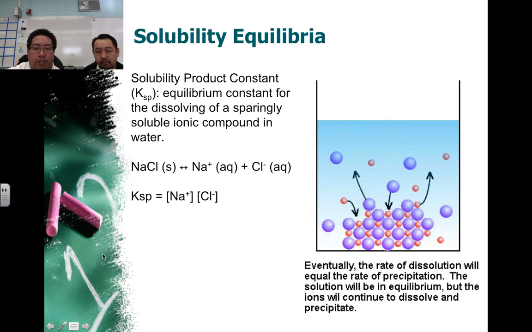We create our KSP expressions just like our KEQ expressions: products over reactants. There's no denominator because this is a solid. Remember, solids and liquids that are pure do not show up in equilibrium expressions. That's why you just see the products up here, because in this case these are the only ones that are aqueous.